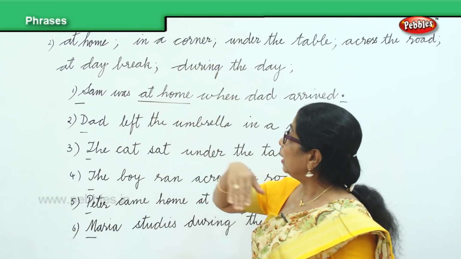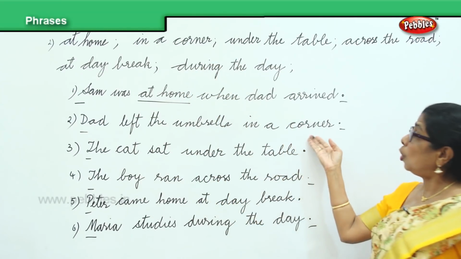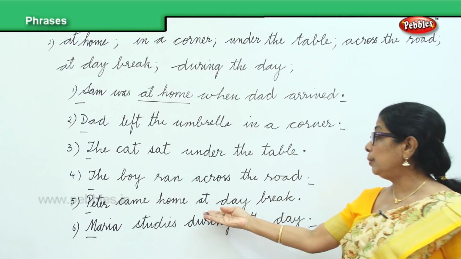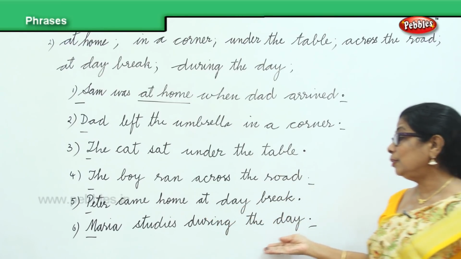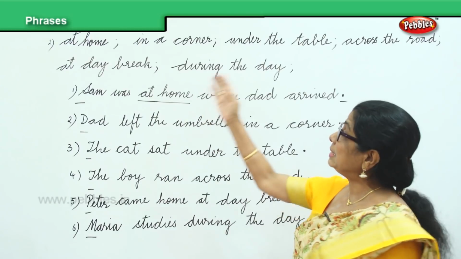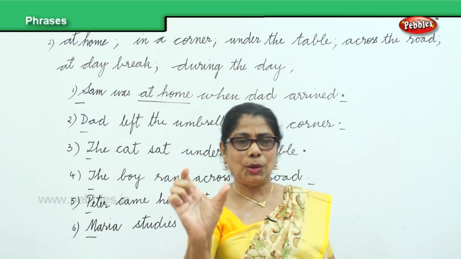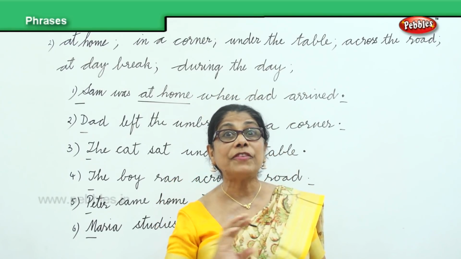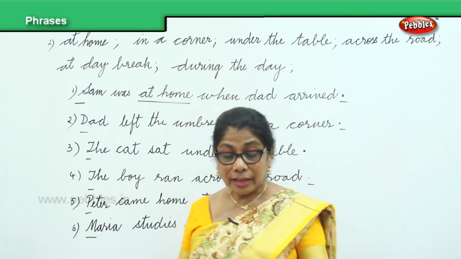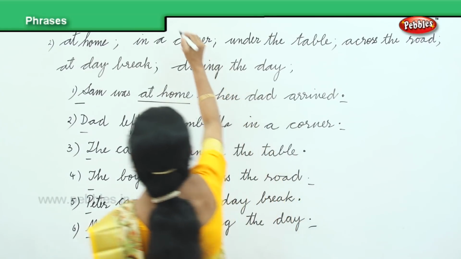Now, I need to talk about this. At home, in a corner, across the road, at daybreak, during the day, all these incomplete groups of words, we call them phrases. What are they called? We call them phrases.